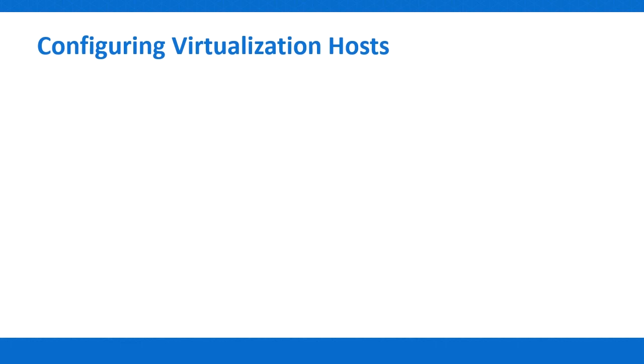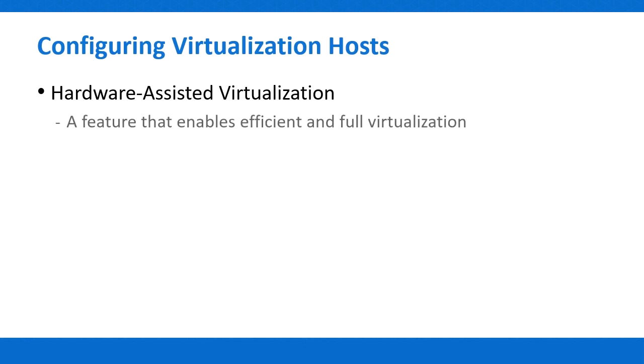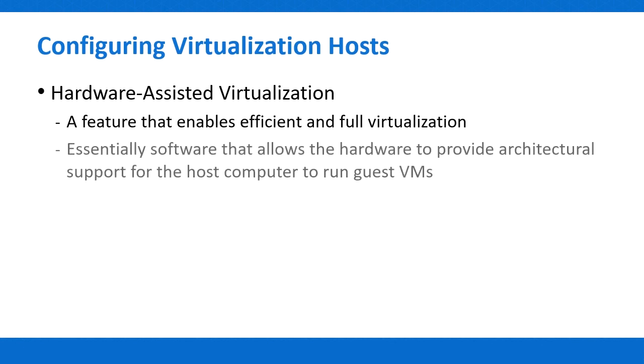The first of these configuration options that's considered a prerequisite for your virtualization host is something known as hardware-assisted virtualization, which essentially is just a feature that enables efficient and full virtualization. So it's used to simulate a complete hardware environment or virtual machine. It's basically software that allows the hardware to provide support for the host computer to run guest operating systems or virtual machines.